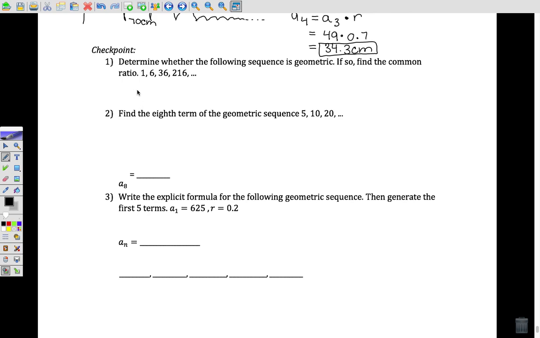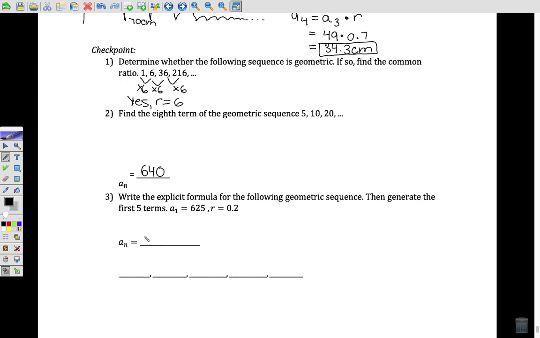For number 1, it is geometric. The common ratio was always times 6. So yes, it is geometric. R is 6. For number 2, find the 8th term. You should use the explicit formula. And the 8th term comes out to be 640.